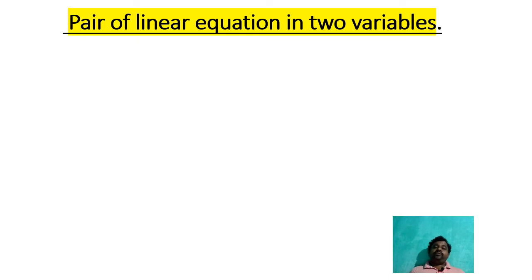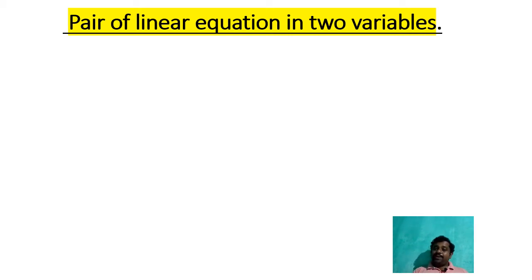Next, we discussed the pair of linear equations in two variables. Until now, we have discussed what a linear equation of one variable is, a linear equation of two variables, the solution of a linear equation in two variables, and the general form of a linear equation in two variables.